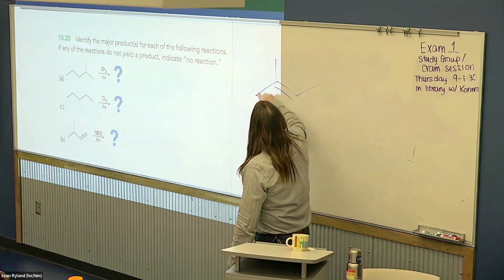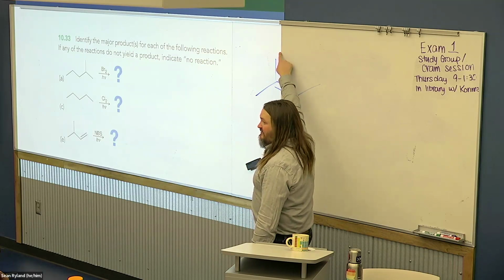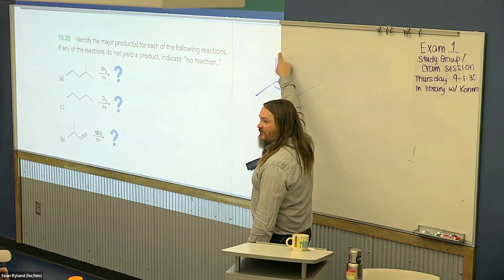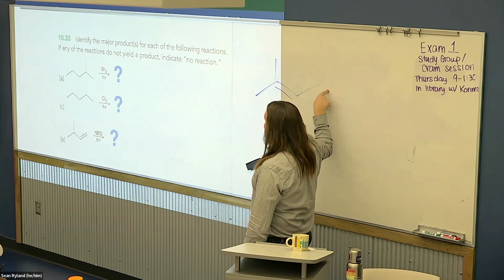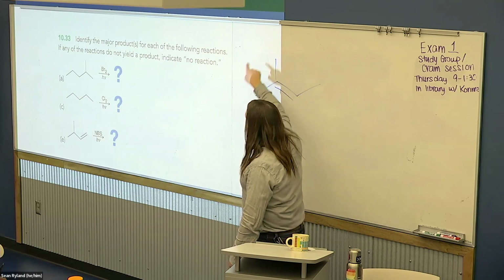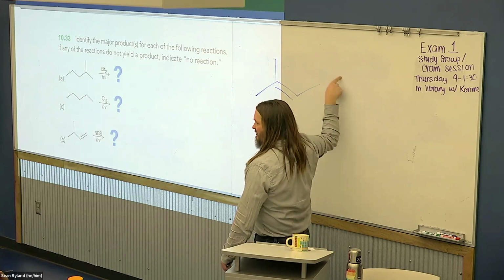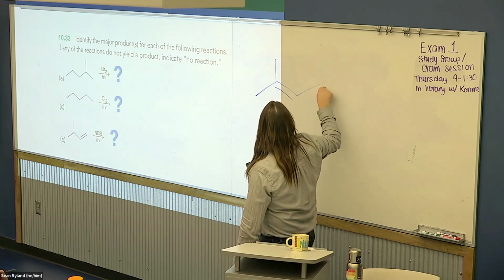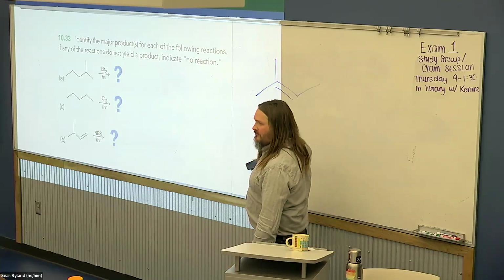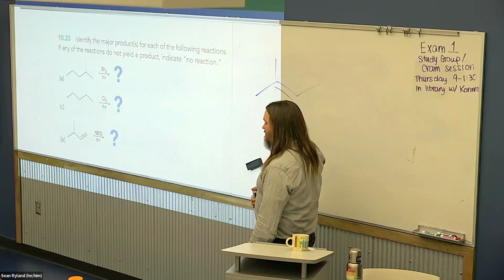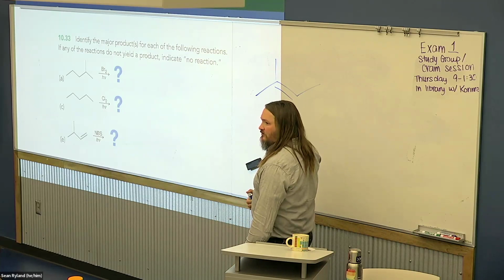So either of those would actually give you the same product at the end, right? So now it's a numbers game again. There's three hydrogens, so we would expect to put bromine on these carbons in a 2-to-1 ratio compared to that one, because it's 3 to 6 in terms of number of hydrogens. Good question.